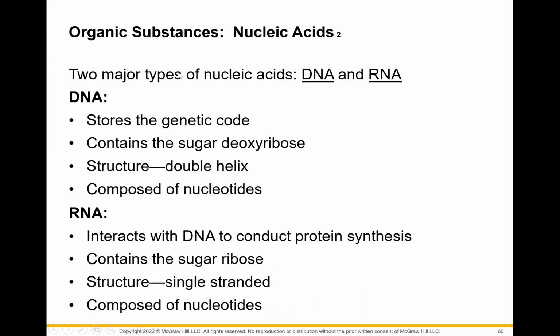All right, so like I said, when we think about DNA, it's going to store our genetic code. So basically, it's the blueprint for everything our cells do. It's sugar in particular, because remember, it's made up of nucleotides. So it's got a sugar, a phosphate, and a base. The sugar is deoxyribose, which is why it's called deoxyribonucleic acid.